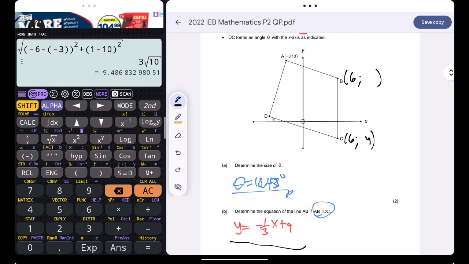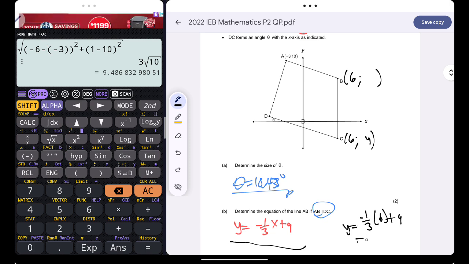So for the y value for B, I can simply say y is equal to negative 1/3 times 6 plus 9. So this thing will give me negative 2 plus 9, which is 7. So the coordinates of B are 6 and 7, right?